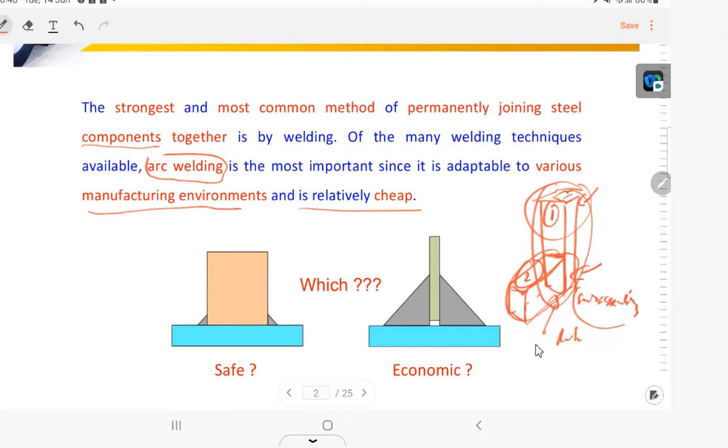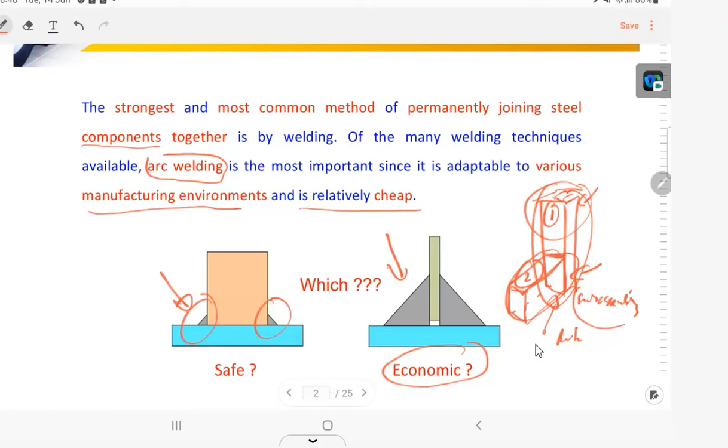But when we weld, we have to think first about safety and another one is economy. These types could be safe, but not really economic. This type is economic, but it may not be really safe.